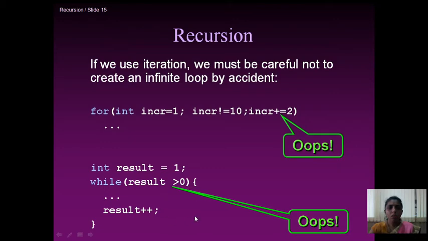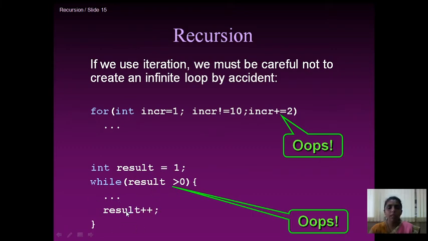So this process continues until the condition becomes false. In this example the condition never becomes false because it will always be true. Here we are performing the increment, so the value will keep incrementing, and it will always be greater than 0. So again it leads to an infinite loop.